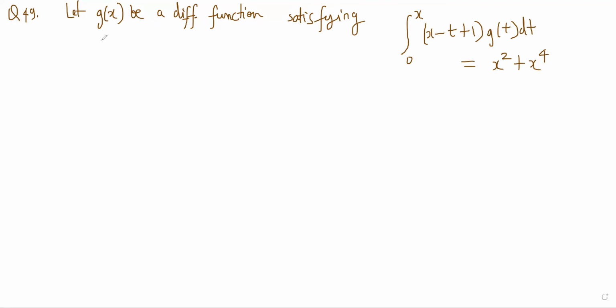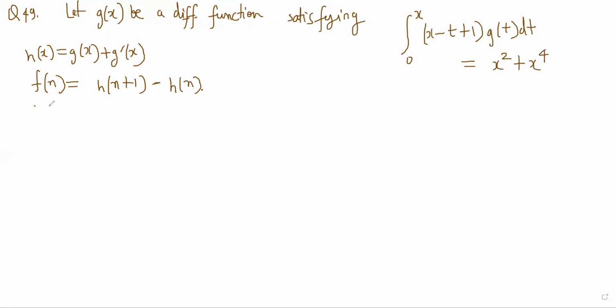What is also given is that h(x) is equal to g(x) plus g dash x, and f(n) basically is equal to h(n plus 1) minus h(n), right?